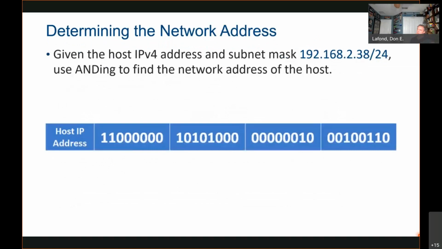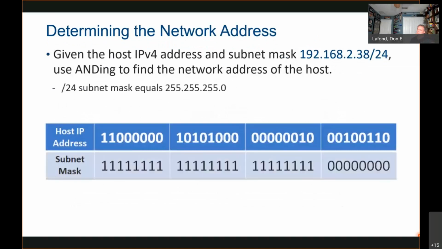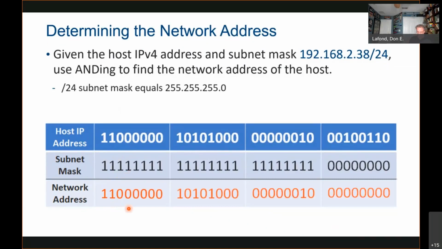Here's the host IP in binary. Here's the subnet mask in binary. If we compare them bit for bit, we can see that a 1 and a 1 results in a 1, a 1 and a 1 results in a 1, a 0 and a 1 results in a 0, a 0 and a 1 results in a 0, and so on until we have compared all 32 bits.